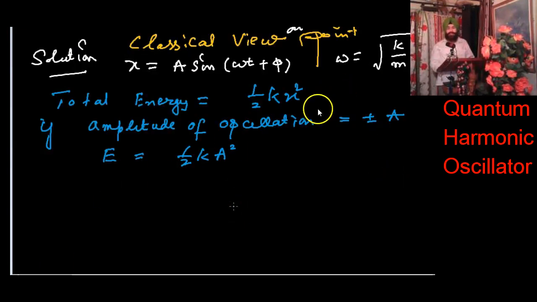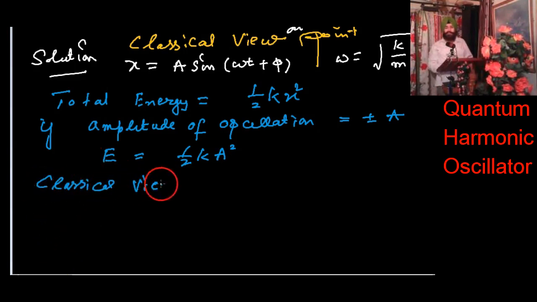Very important relation. Classical physics says the energy E may have any value depending upon A. Energy is continuous, because A is continuous; choose any value of A, you will get E. This is the classical viewpoint.